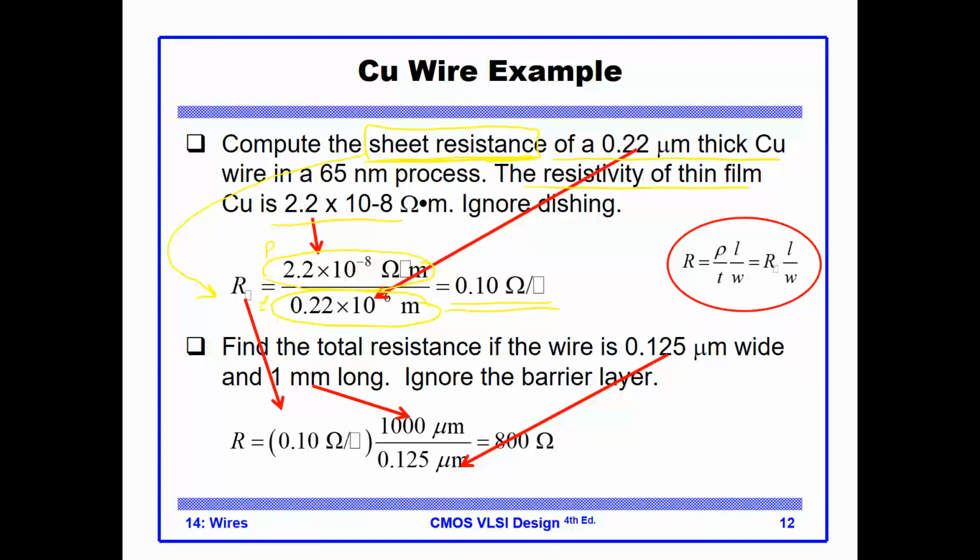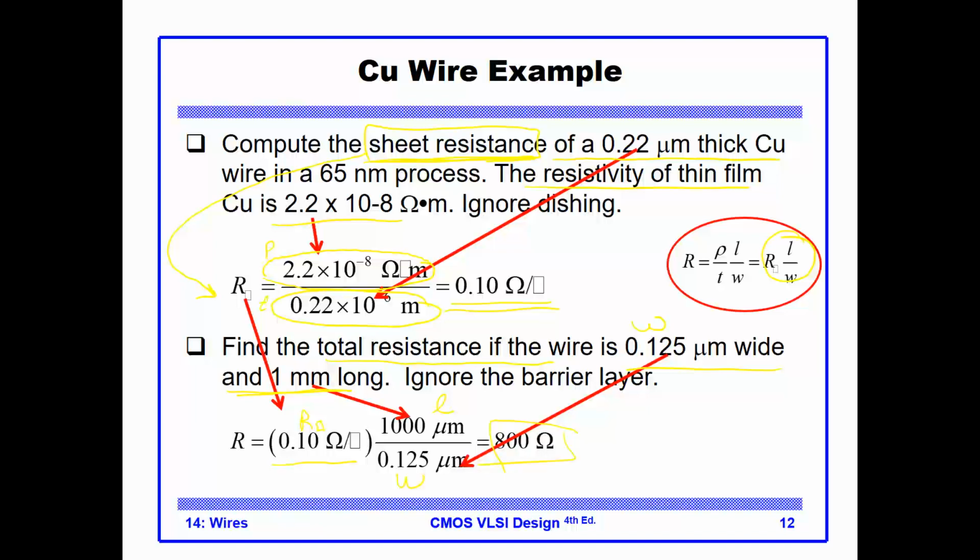Now, in the next point, we want the total resistance, assuming that the W of the wire is 0.125 micrometer and the length of the wire is 1 millimeter. In this case, I apply this formula where I multiply the resistivity times the length, divide by the width, and I get 800 ohms.